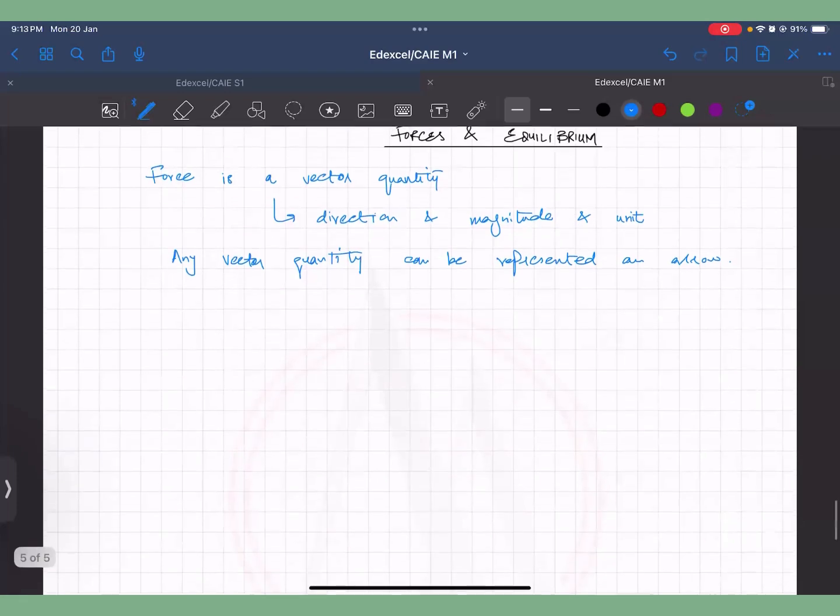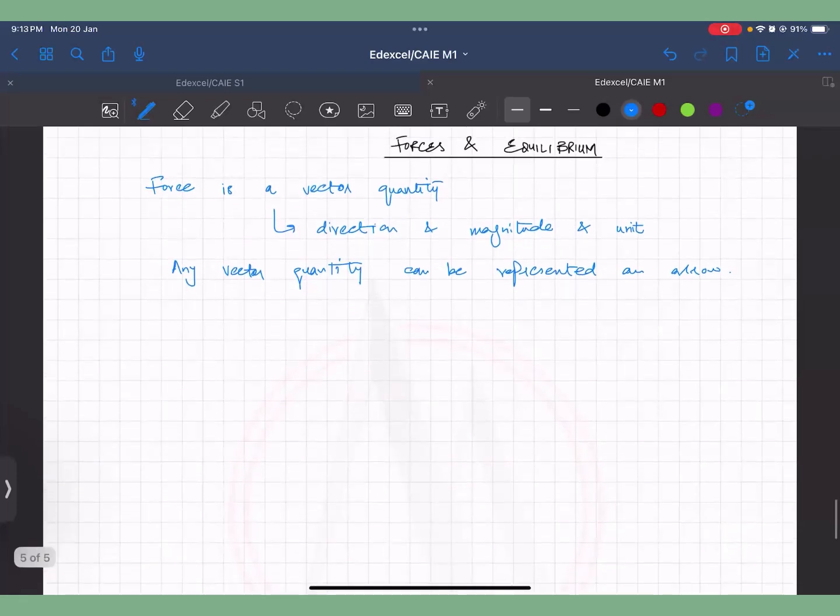This is something we have done in IGCSE. So let's suppose this is an arrow. The tail of the arrow, what does it denote? What does this mean? Does anyone know? What does the tail tell you about any vector quantity? The starting point.